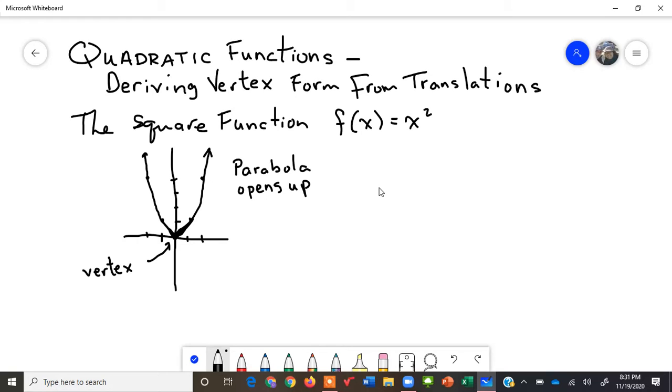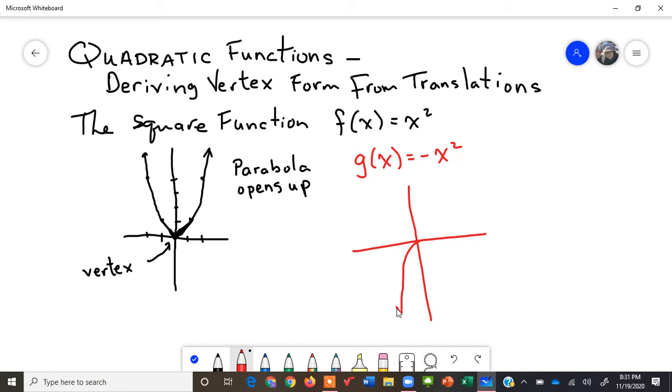Now, if we take the square function and negate it, so for example, if we have g of x equals negative x squared, that simply makes all the outputs negative, so now the function opens down. And at this point, when we have an upside down parabola, we see the vertex is a maximum, whereas before we saw that the vertex was a minimum.